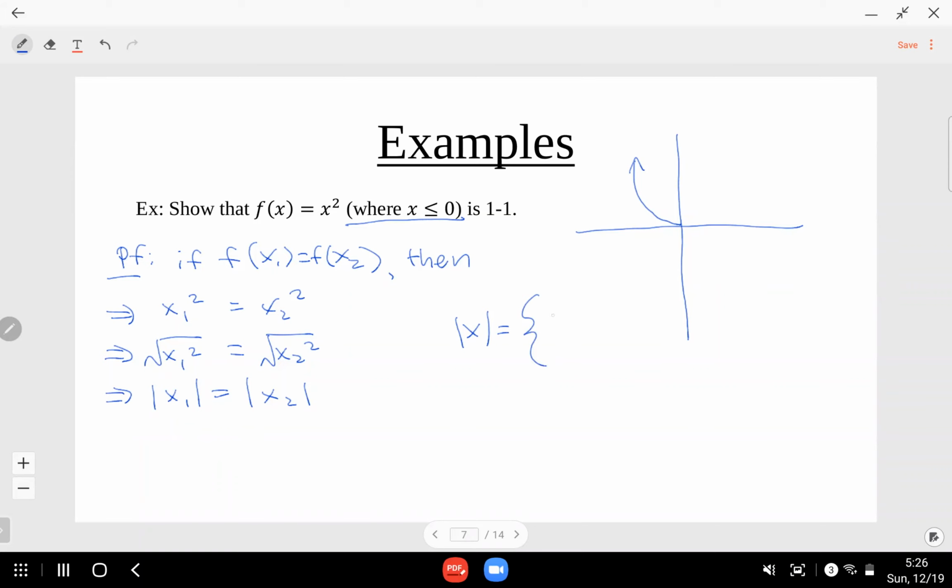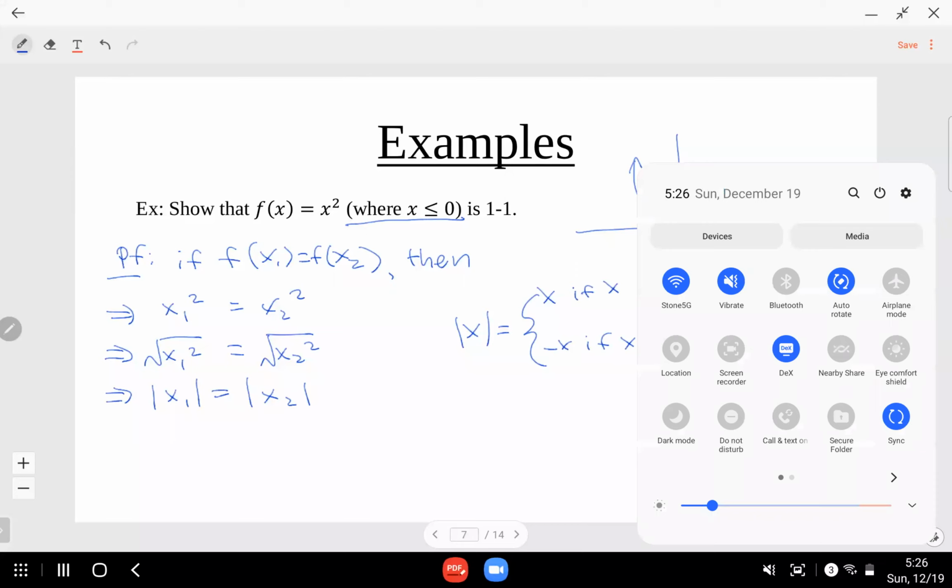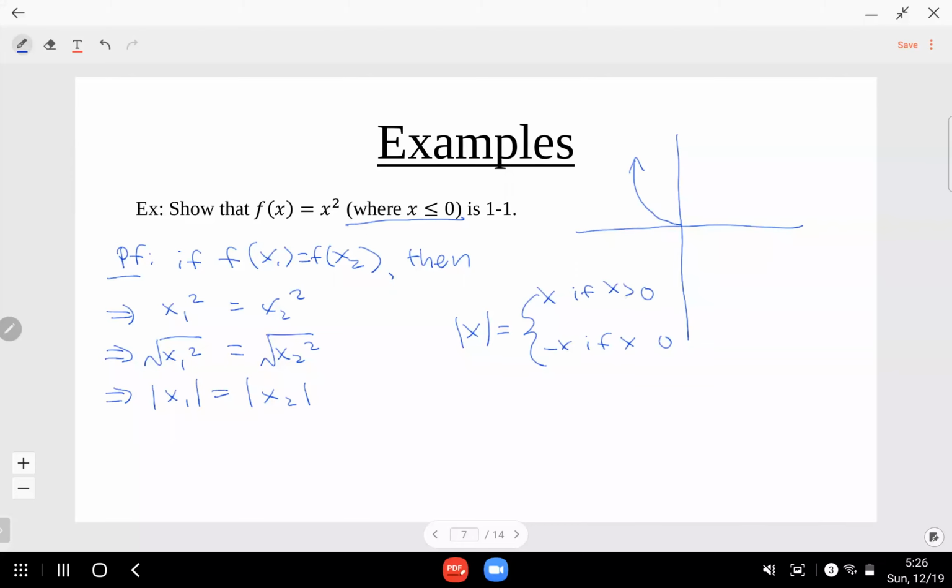The absolute value of x can be equal to x if x is greater than or equal to 0, or negative x if x is less than or equal to 0, all right? So let's not include equal to. It's just going to be greater than or less than. So these are the two conditions.